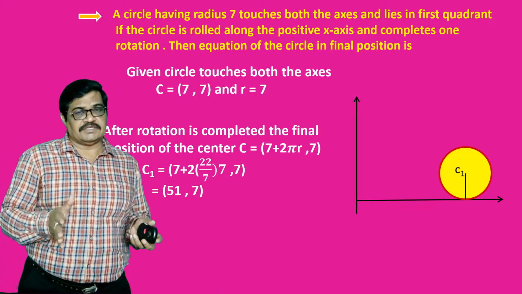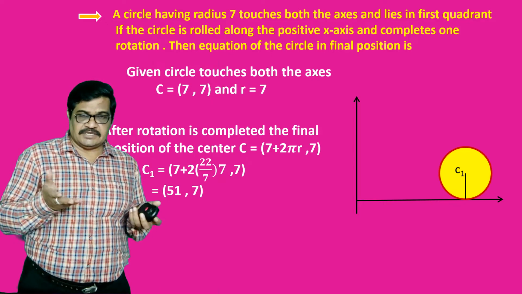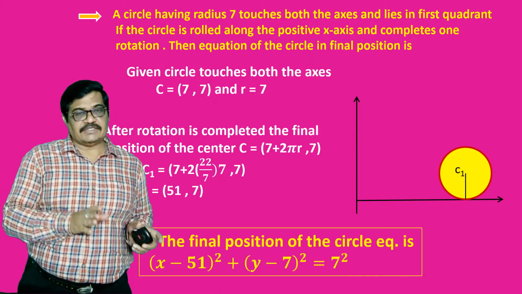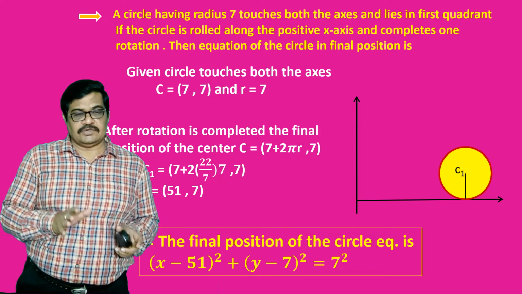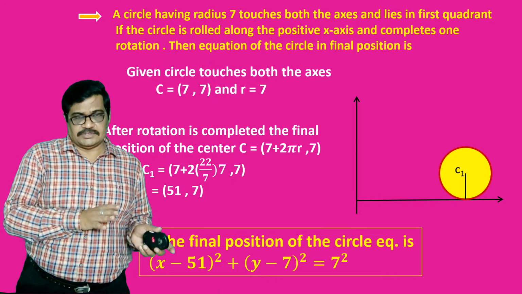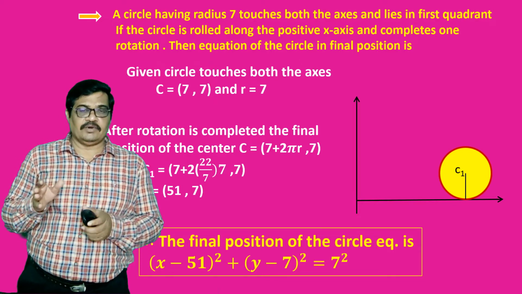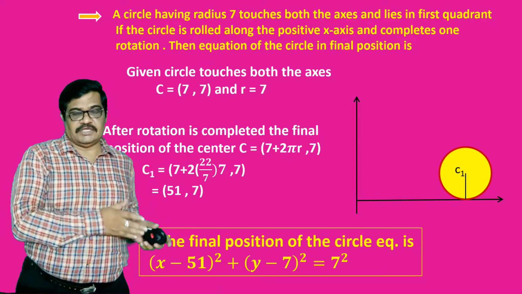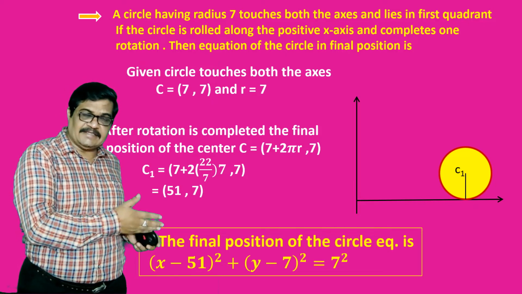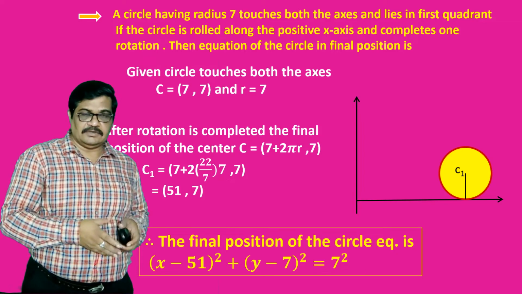The radius is not changing; the radius is 7. So the y coordinate is not changing and the x coordinate has changed. The x coordinate is 7 plus 2 pi r and the y coordinate is 7. So the center of the circle in the final position is (51, 7).